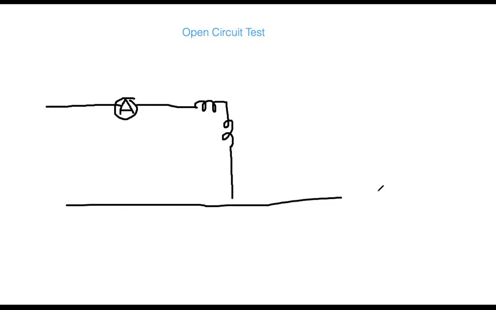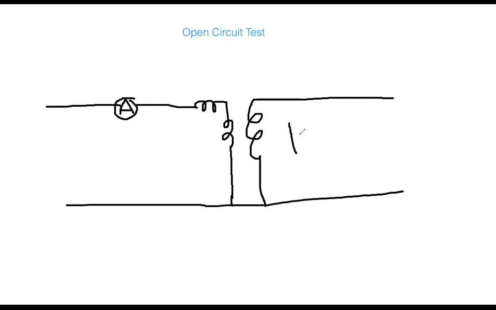This is open circuit test. So what you will be doing, again, the similar things. Exactly the same process. This time you will keep the secondary side open.